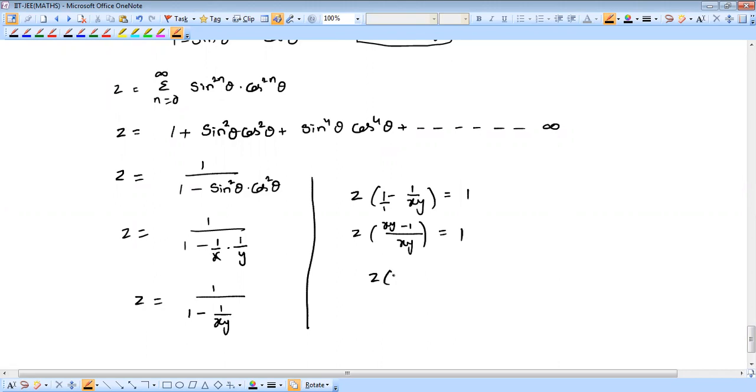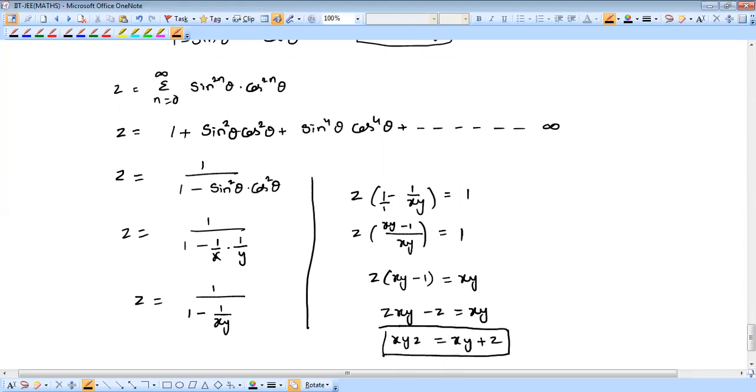Then z(xy − 1) = xy, so xyz − z = xy. Then xyz = xy + z. We got the relation between x, y, z.